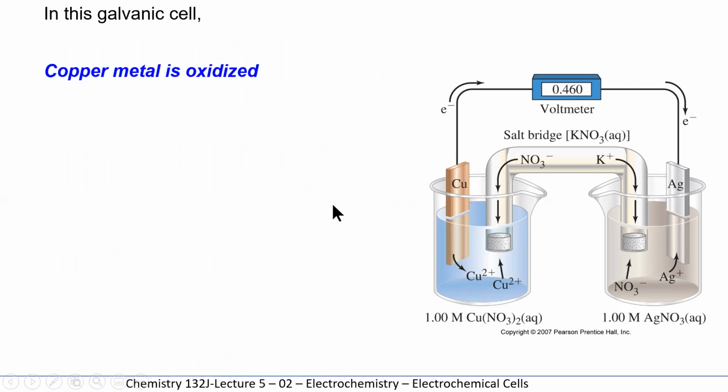We call these types of cells galvanic cells in honor of a man named Galvani, who was an Italian scientist, actually a doctor who worked in the 1700s in Bologna, Italy.